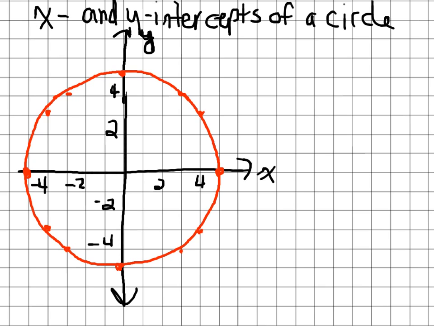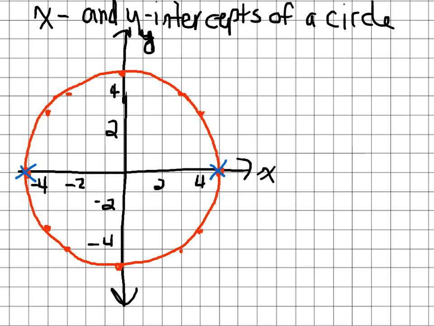One last concept that we should look at are the x and y intercepts of a circle, specifically centered at the origin. If we look at this circle here, what you will notice is that we have two x and two y intercepts. I have an x-intercept here, and I have another x-intercept here. So those are my x-intercepts.